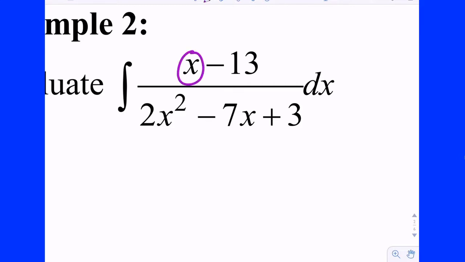Could I put x over the entire denominator, and 13 over the entire denominator? In other words, could I say it's x over all of that blob, and then minus 13 over all of that blob? I could. I really could, but will that help me? No, it will not. I'm stuck. By parts?